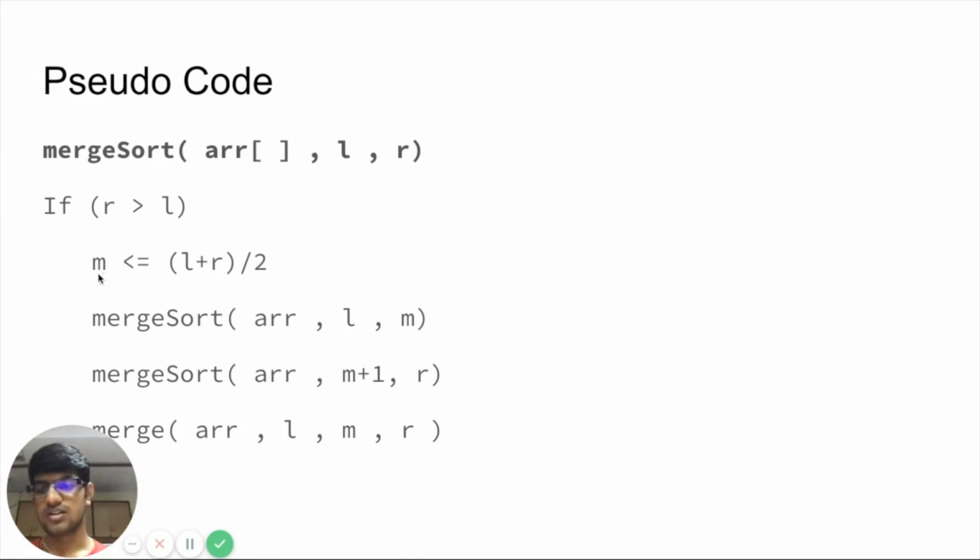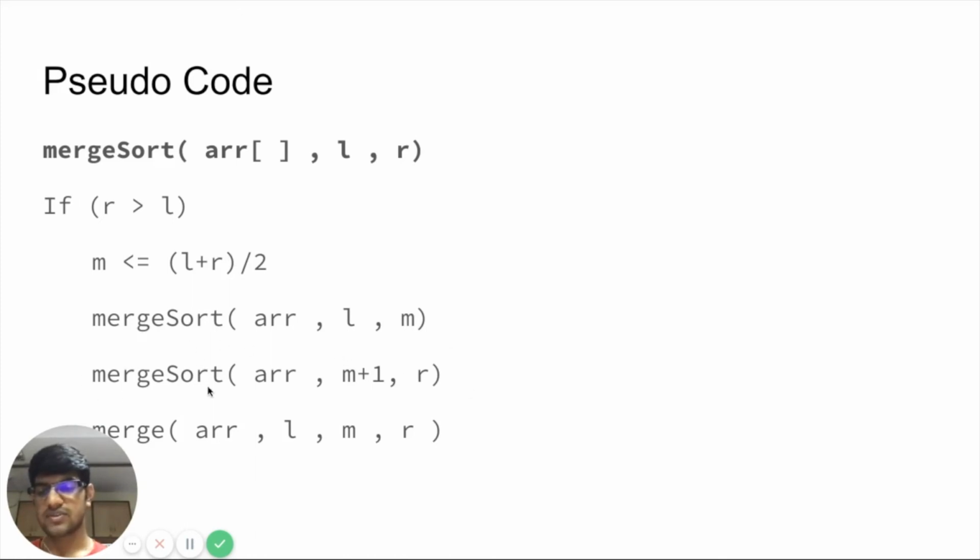The first step involves calculating a middle index, that is the average of the left and the right index. Considering the divide and conquer step, we'll call the merge sort procedure recursively on the left sub half and the right sub half.